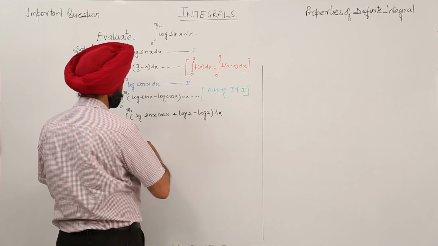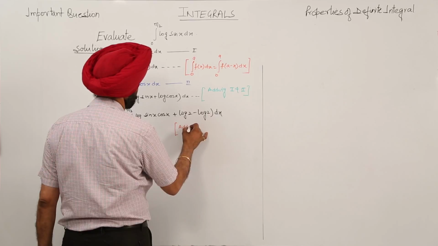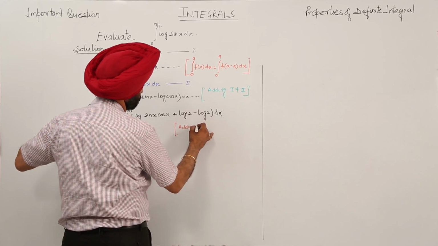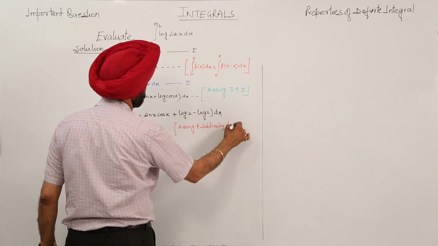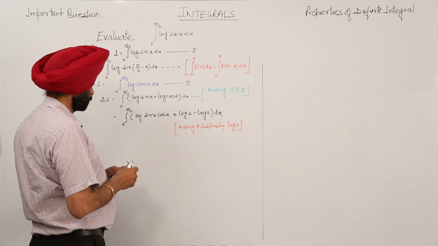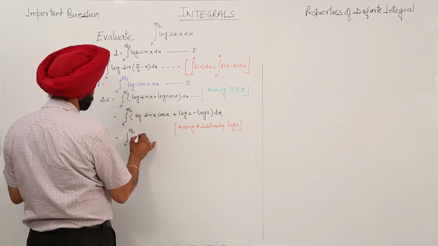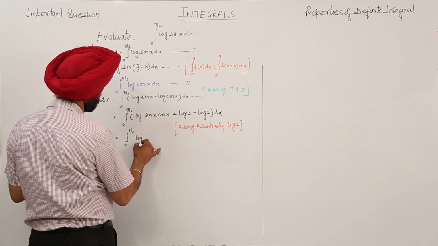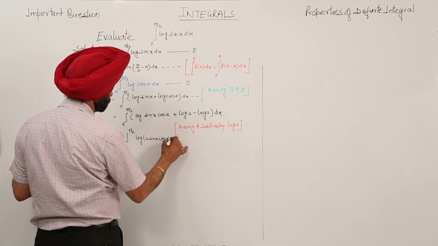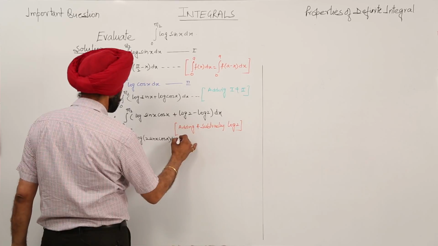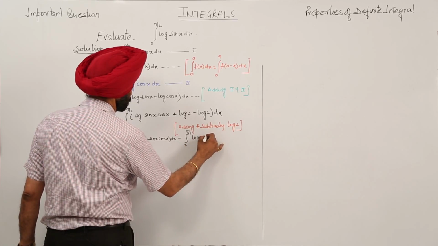Now, adding and subtracting log 2, we get 0 to pi by 2 log 2 sin x cos x dx minus 0 to pi by 2 log 2 dx.